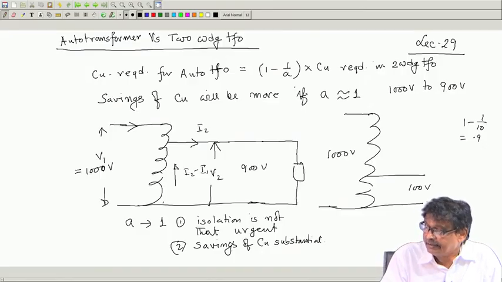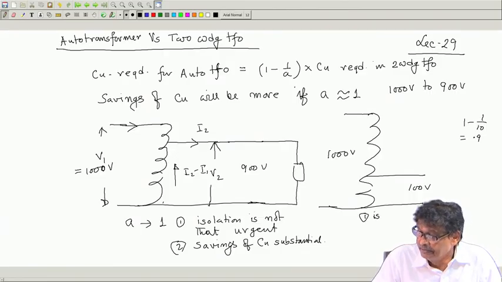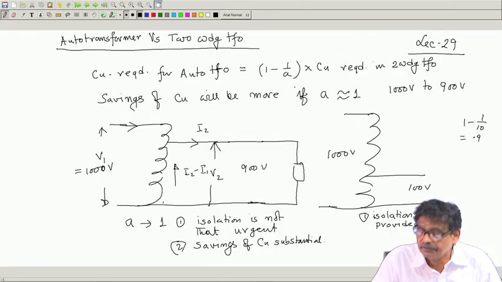Whereas, in this ratio, I will say isolation is urgent, isolation must be provided, under what condition? Open circuit in the common part.